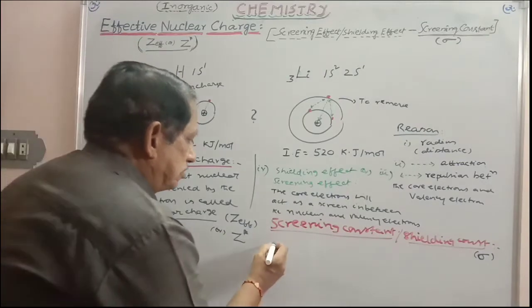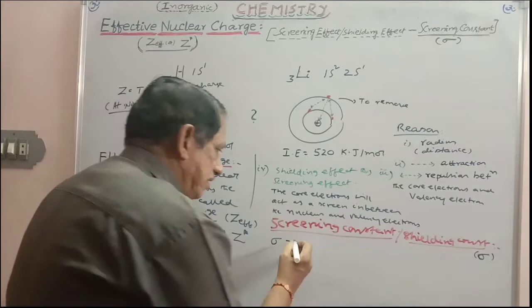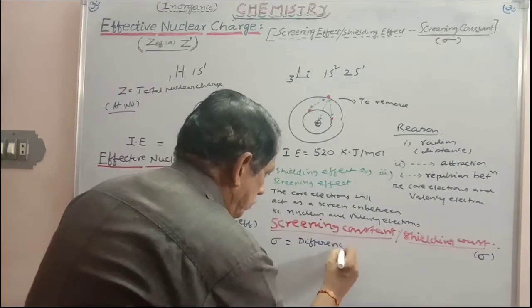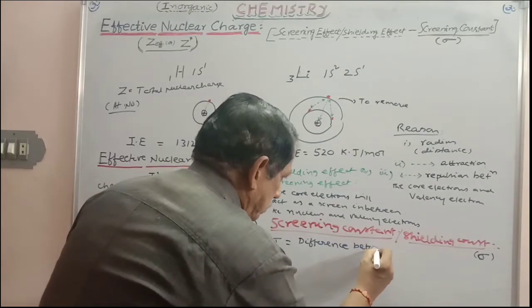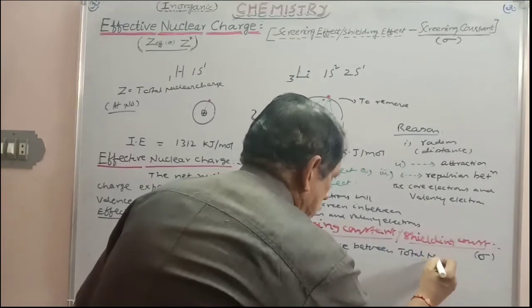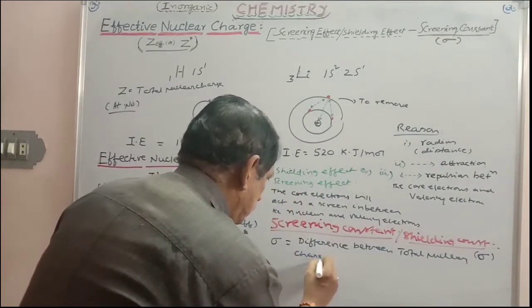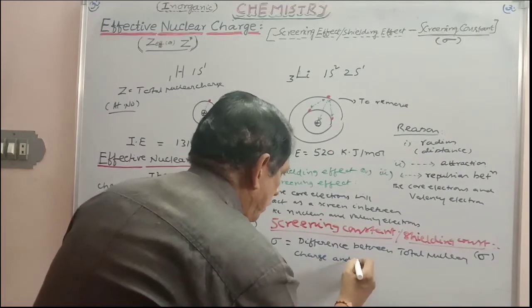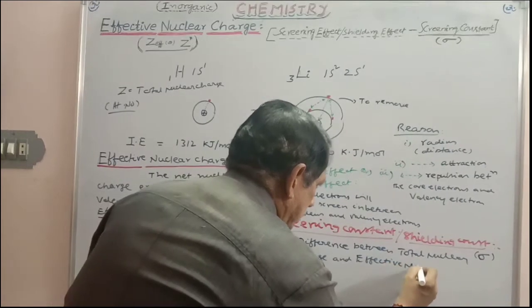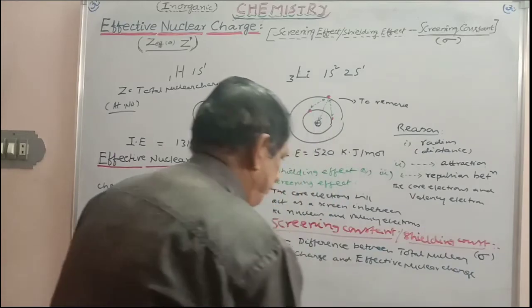So, screening constant sigma is equal to the difference between the two, right?